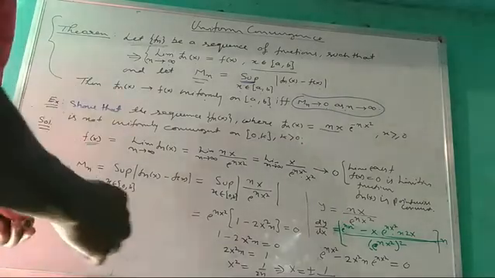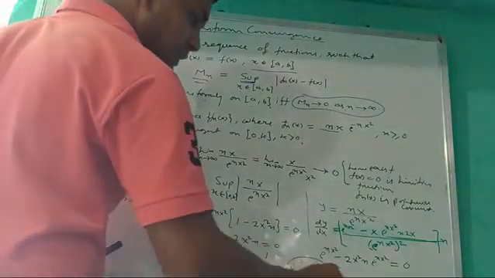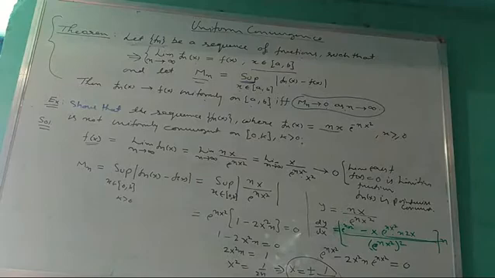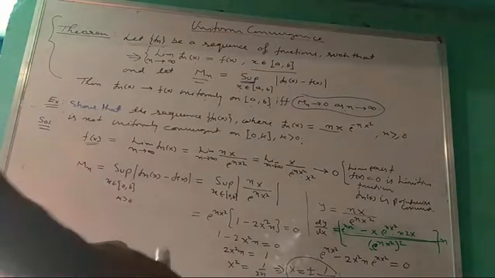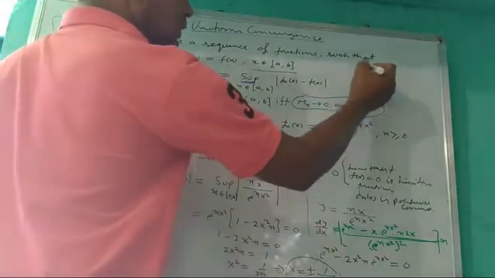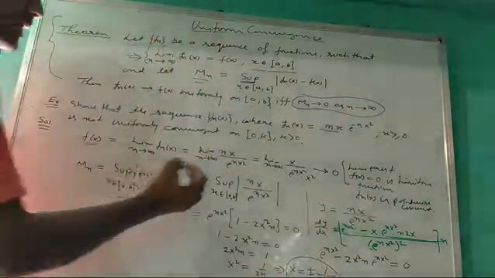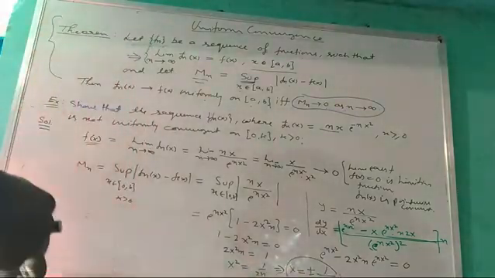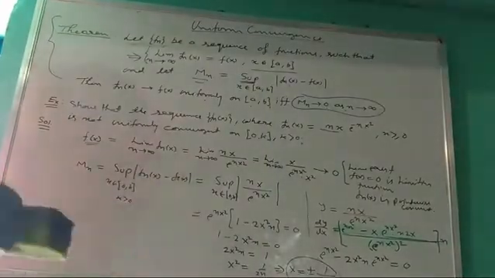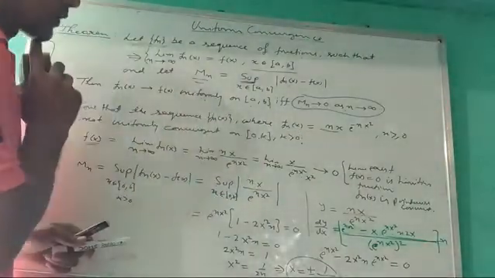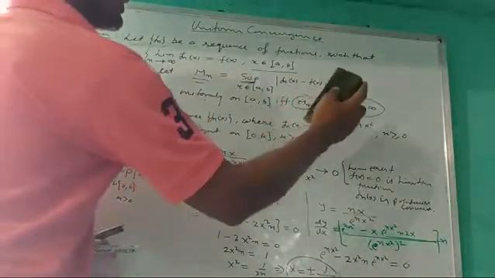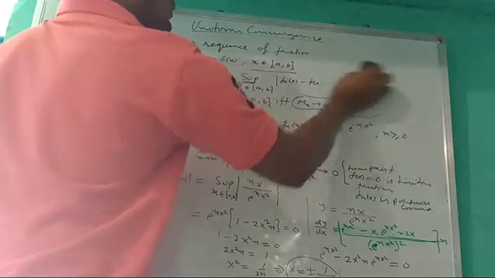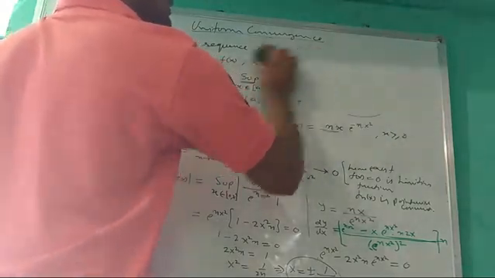It means this is the point x equal to plus minus 1 upon root 2n, at which the function has maximum and minimum value, and then the maximum and minimum value of this function we can find by solving at this point.